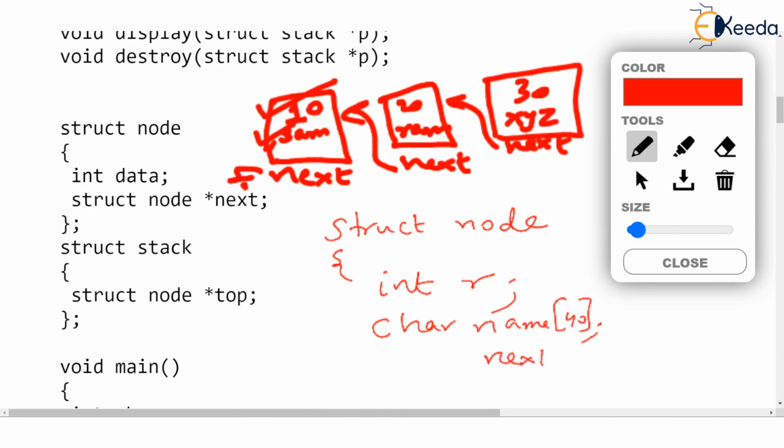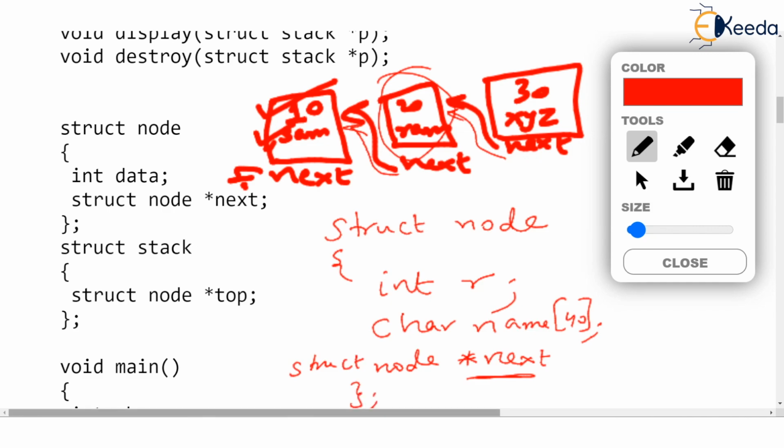But what kind of pointer is this? You can see that this next pointer points to a node which stores roll number and name. So it's going to be a node pointer, where node itself is a structure. And here ends the declaration.